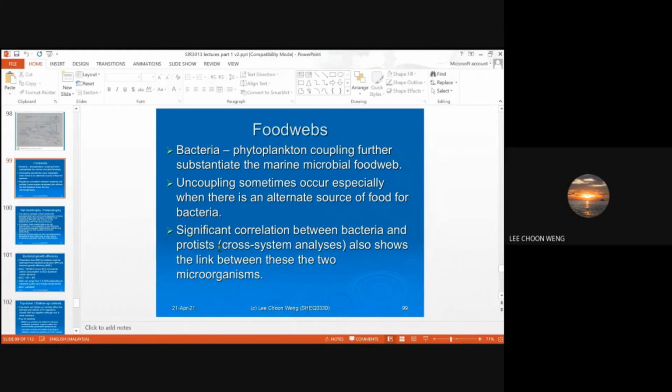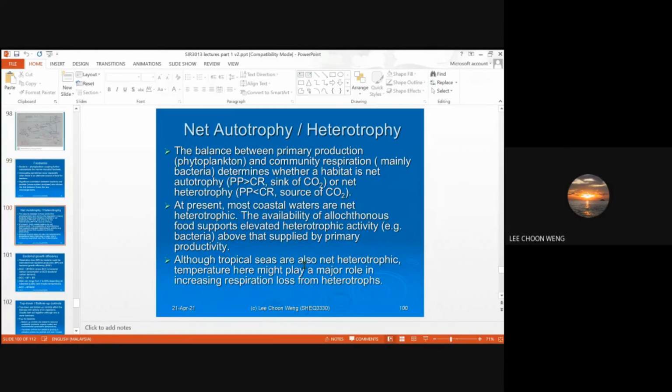Another word for meta-analysis is also cross-system analysis. This is what some of the scientists have done. So we look at the balance between primary production and respiration because of global warming, the climate change problem, where we know that the main source of the problem is the CO2 emissions.